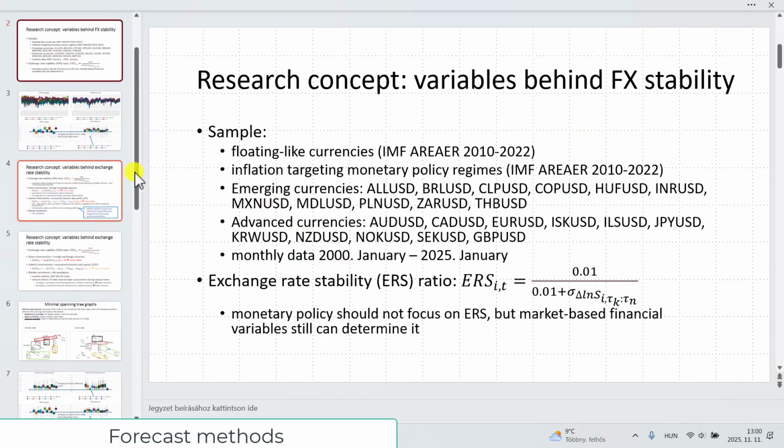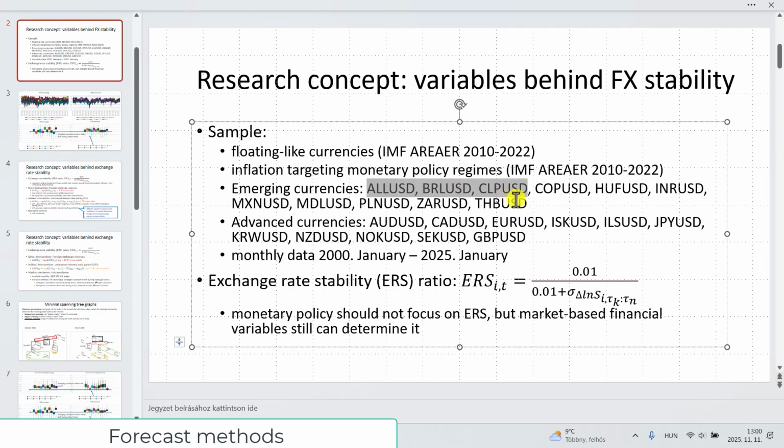So I collected everything from the IMF database, so everybody here is considered an emerging one by the MSCI, and also according to the IMF, they are following and maintaining a floating rate, and they are maintaining inflation targeting. The same is valid for advanced or developed currencies. What you can see here, I was really lucky because both of the subgroups are 11 currencies. I had no idea this would happen, I was just lucky. And then we can see that this is a monthly database from 2000 January until this year.